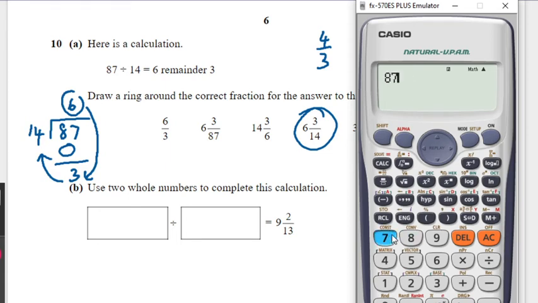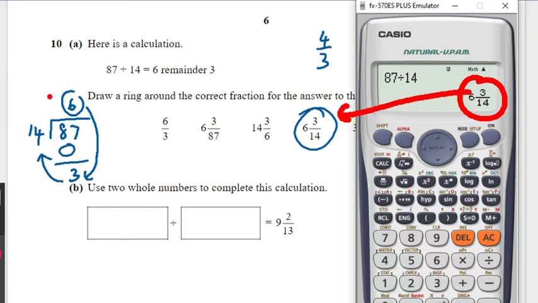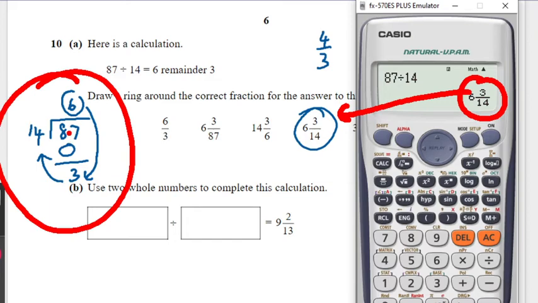Since this is paper 2, you just press 87 divided by 14, then convert to mixed number: you press shift and this button here. Then you get 6 3 over 14, you see? It matches with that one. Or you can do it manually like this.